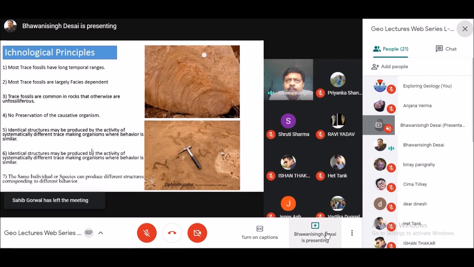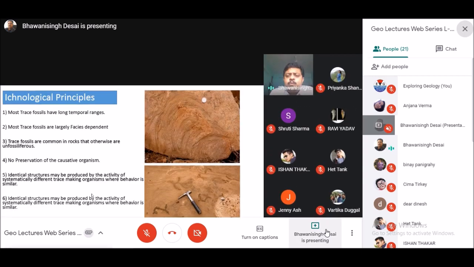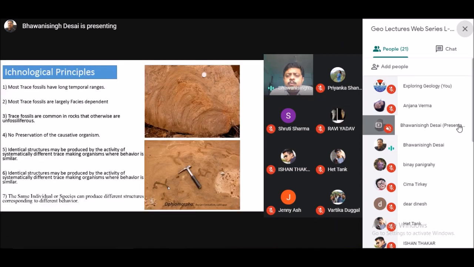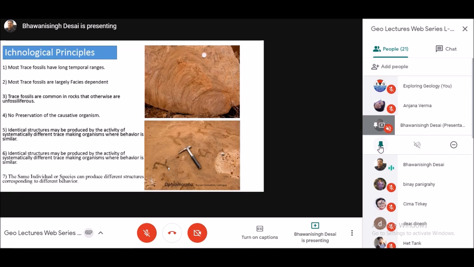Second, it can be vice versa: different animals can produce a similar kind of structure. For example, you are looking at a trace fossil which is known as Ophiomorpha here. Now this Ophiomorpha can be created by a crab, by a shrimp, or by some other organisms if they show similar kind of behavior. But apart from this, what makes them so unique are this.